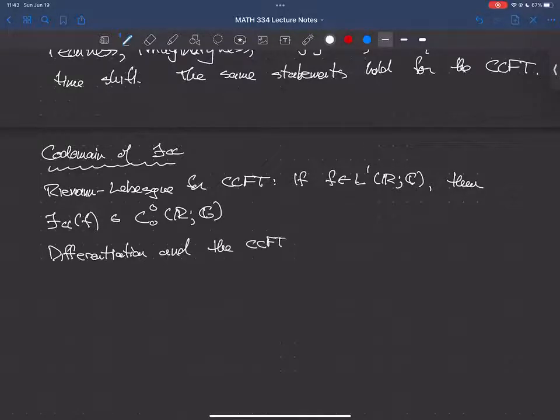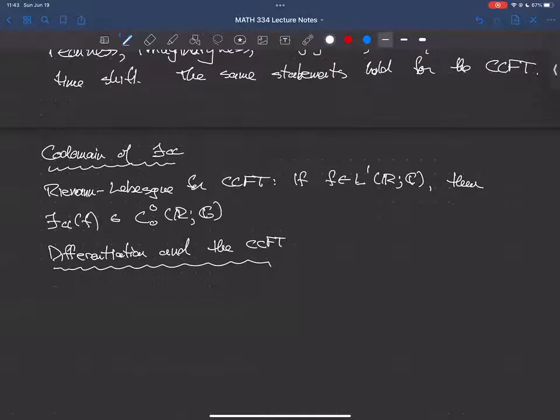Now remember that for the CDFT, more differentiability of a signal meant that the CDFT decayed more quickly.